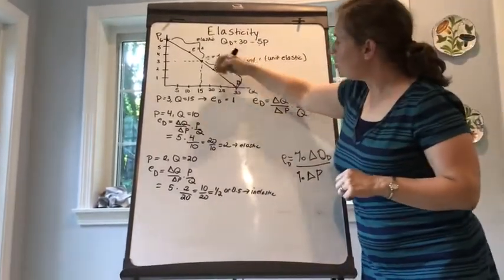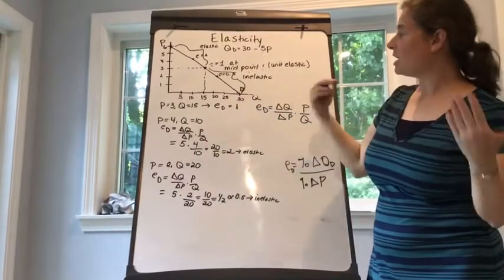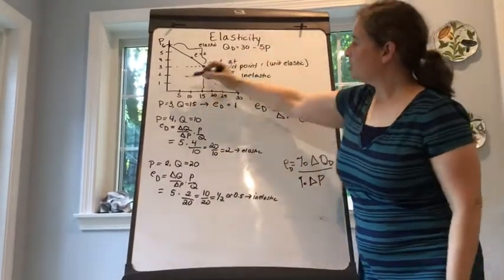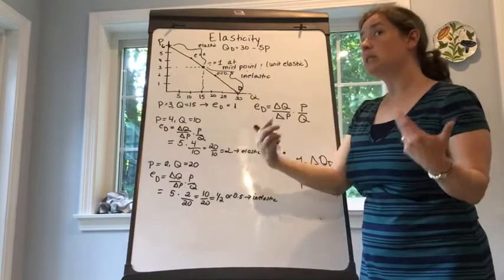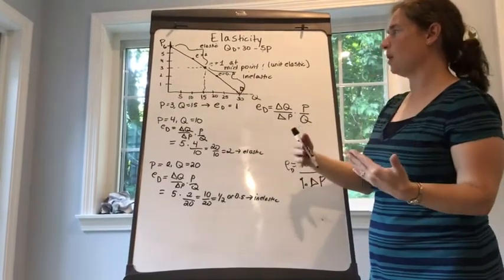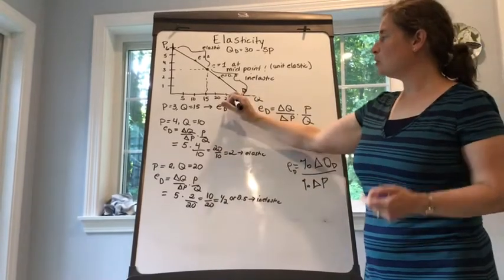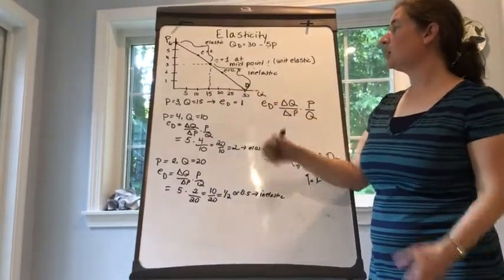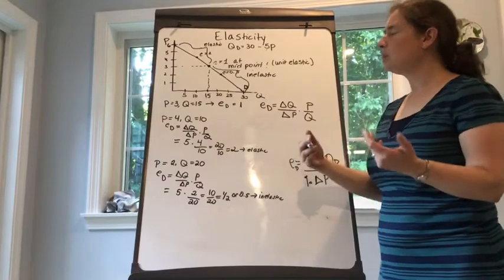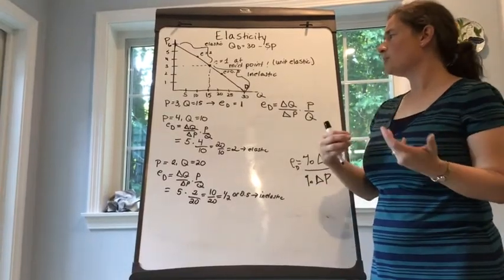At the other end, the lower end of the demand curve, we have the opposite scenario. The change in price, even though it's the same unit change in price, looks relatively large in percentage terms. So as we go from 25 to 30, that's an increase of about 20%.